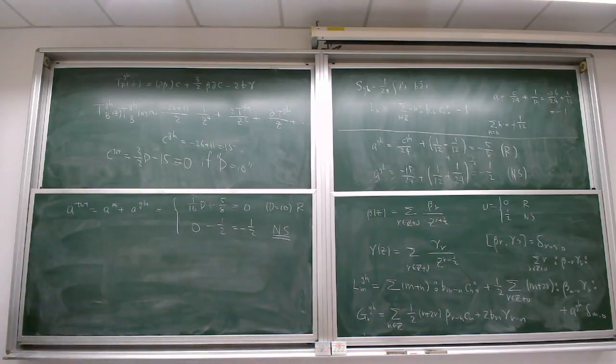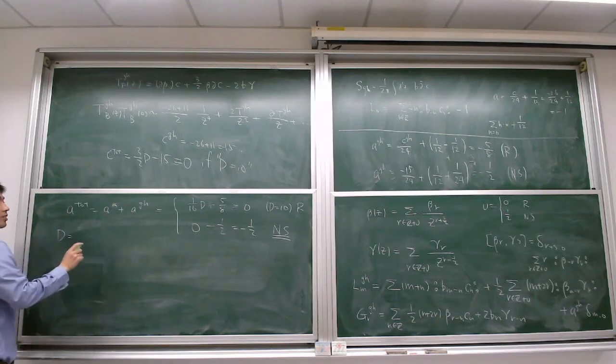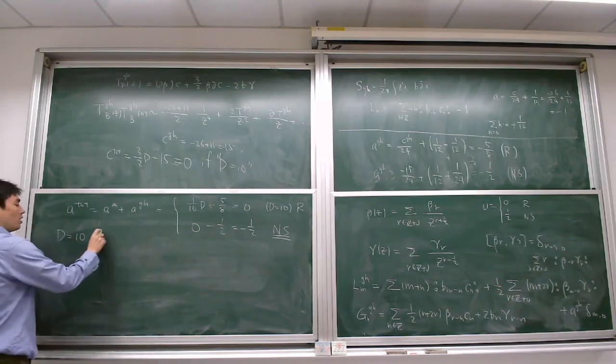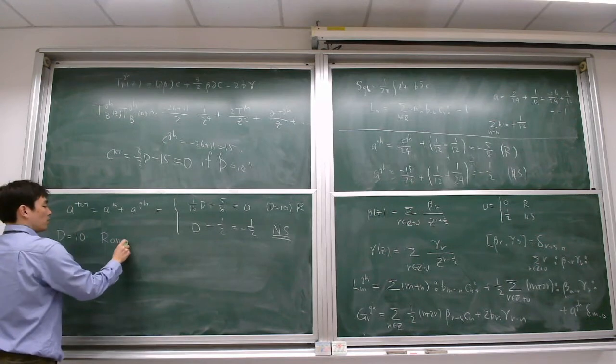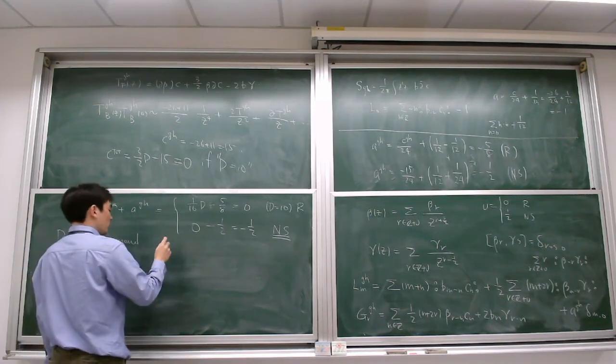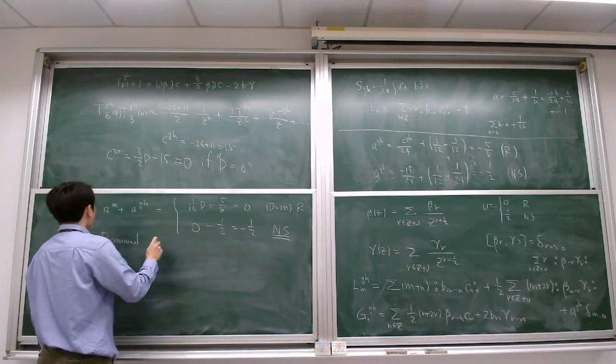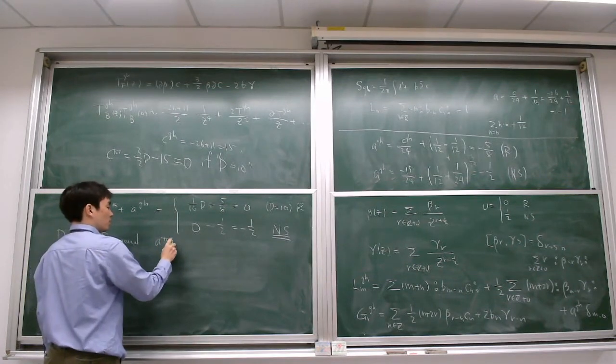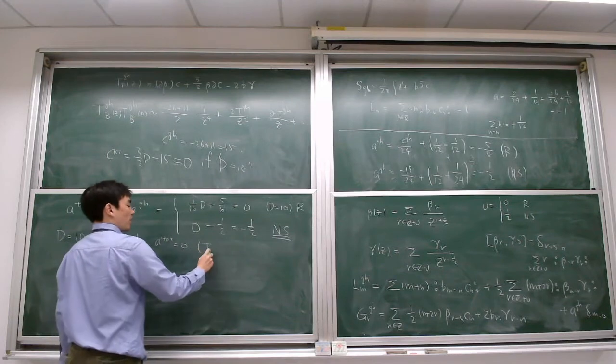So this will give you the casimir energy. Happily when d equals 10, in the Ramond sector, the total is indeed 0, so there is no tachyon.